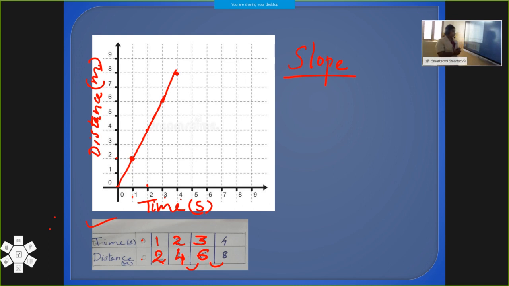With a slope. So how can we interpret this? Now I am going to find the slope of this graph. Listen carefully. For finding the slope, I am taking any two points.